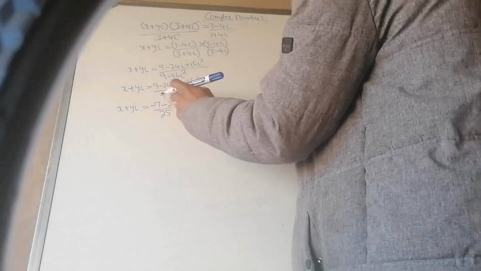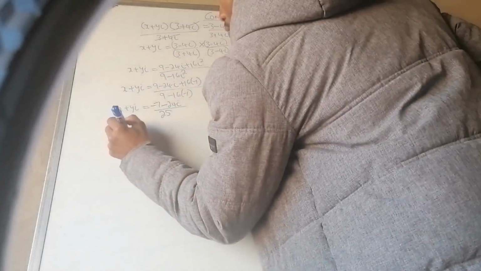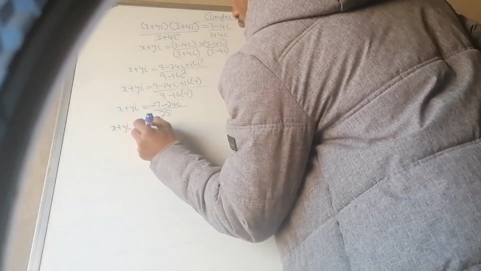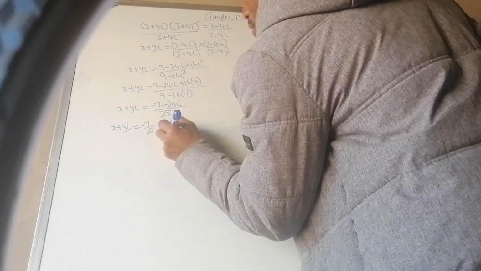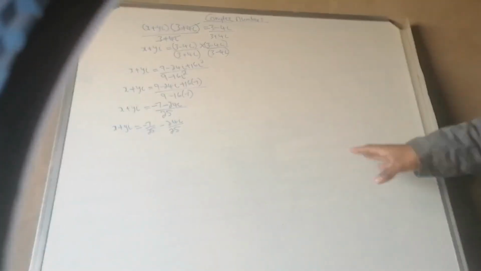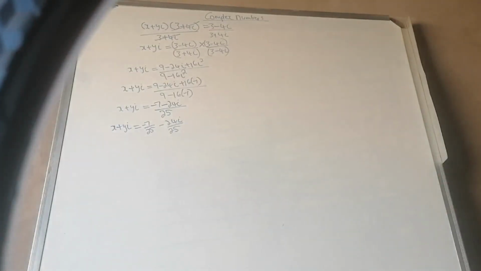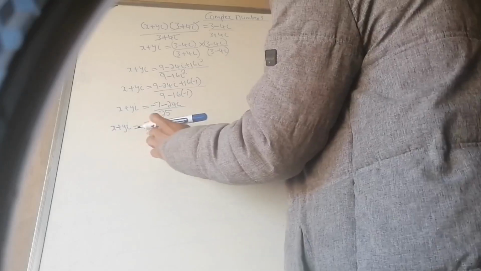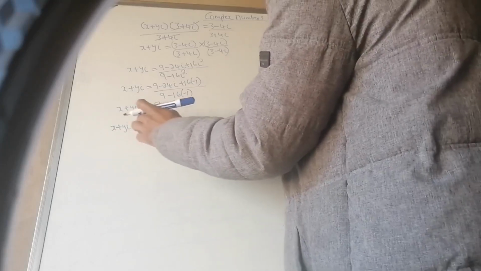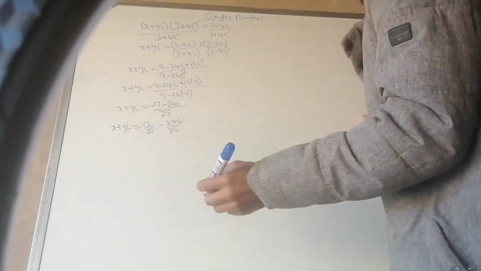Now this 25 can divide everything in here. This will be minus 7 over 25 minus 24i over 25. Very, very important that we understand that. So this will be the value of x, the real part, and this will be the value of y, the imaginary part.